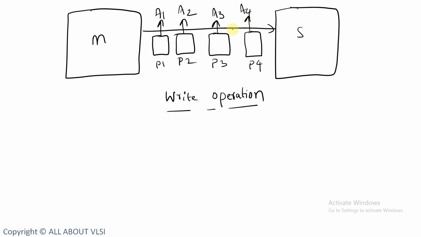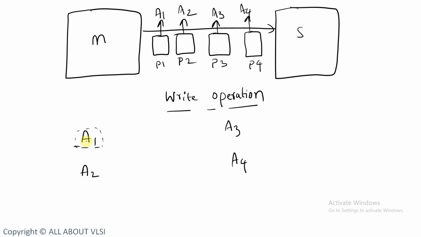Now coming to these 4 addresses A1, A2, A3 and A4. Address A1 is either a completely random address or a starting address. Random in the sense that for any particular slave, during memory mapping, a specific set of memory is allocated.